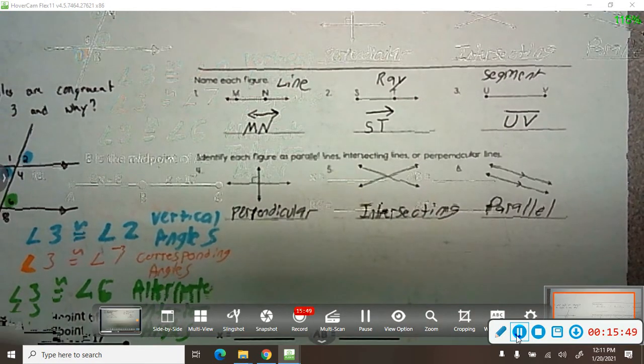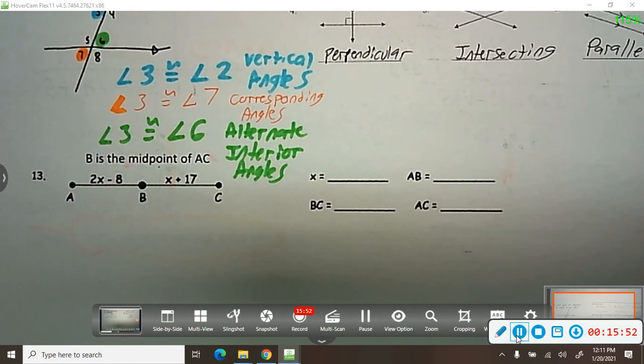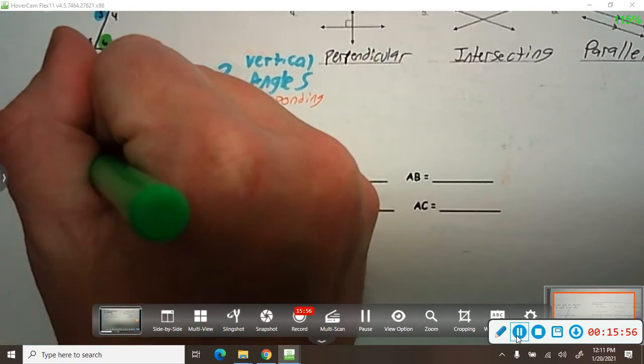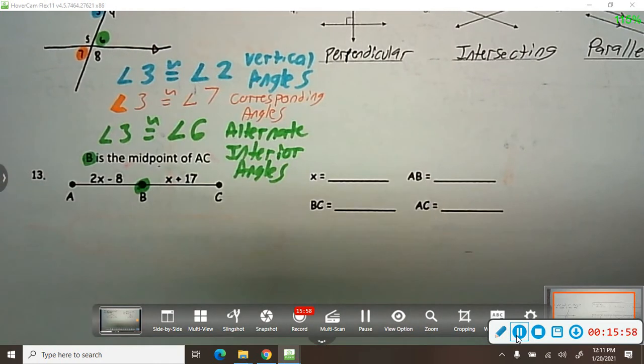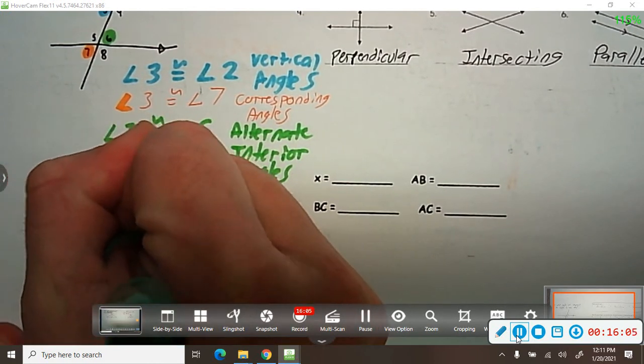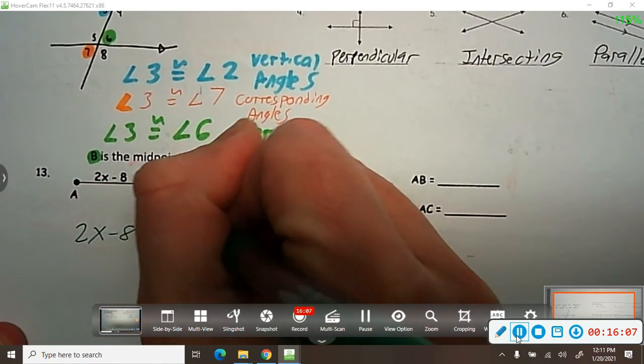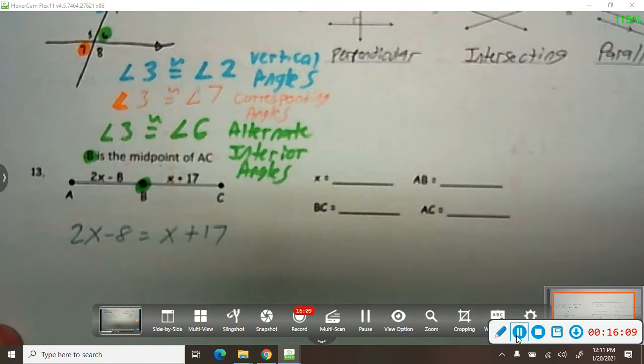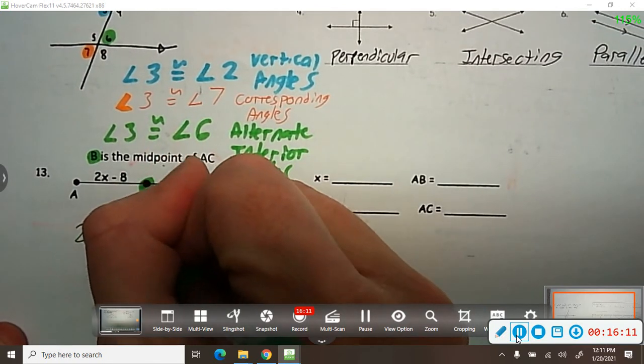Finally, review of segments, segment addition. It says B is the midpoint. So it's saying that B is right in the middle. If it's right in the middle, then by definition of midpoint, 2x minus 8 equals x plus 17. I pull out my algebra from last year. I solve this. I go minus x, which is one way.